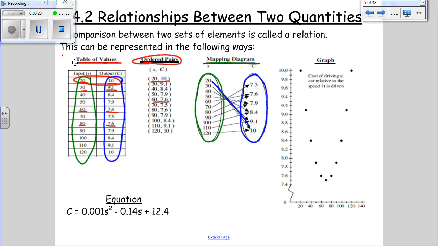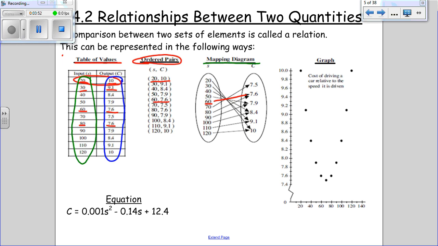Every once in a while you do, though, so it's important that we talk about it just in case you see it. Science likes to use it for comparing like animals and stuff like that, like cross-referencing things. Another example, if S is 60, that means C is 7.6. 60 points to 7.6.